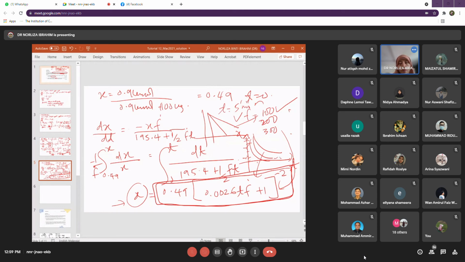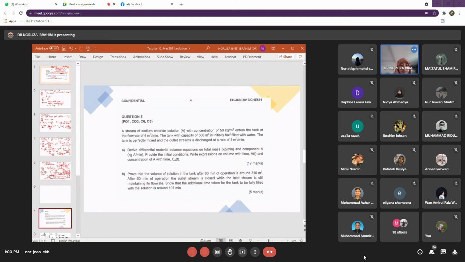If you plot or sketch, you have to put something here. Let's say this is 5 minutes, as we stated, so this is F of 100, 200, 300.